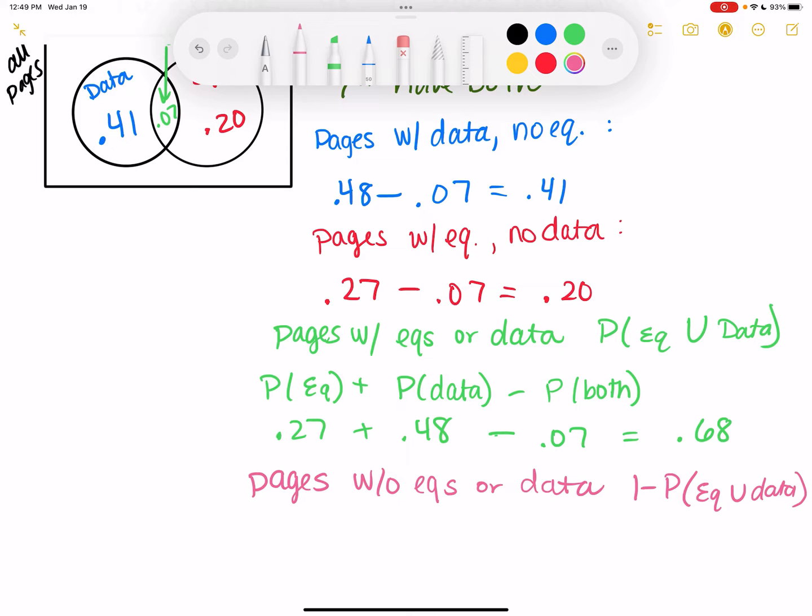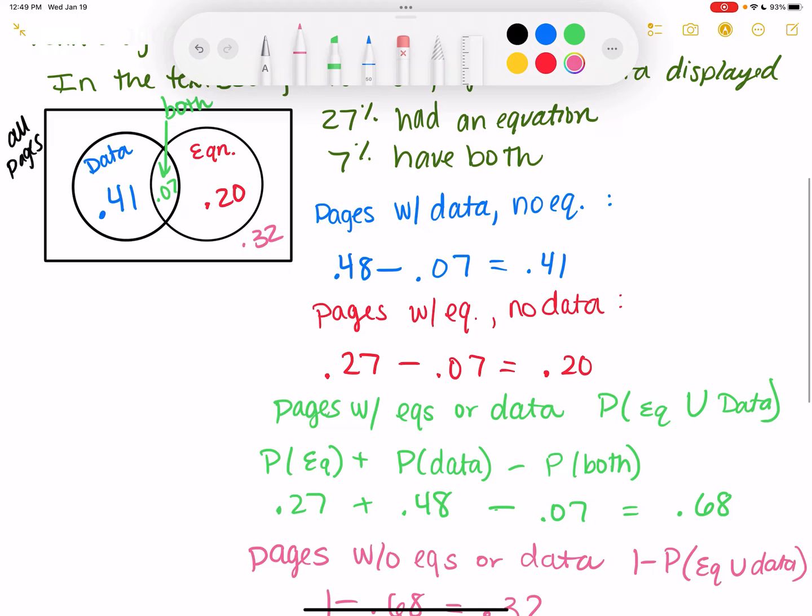So this is 1 minus the probability that we found up here in the lime green. So 1 minus 0.68 is equal to 0.32. So 0.32 is what goes up here outside the box as everything that's left over: the pages that don't have data or an equation.